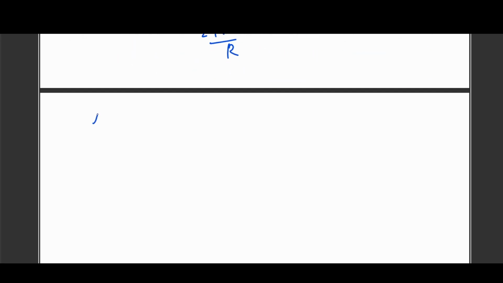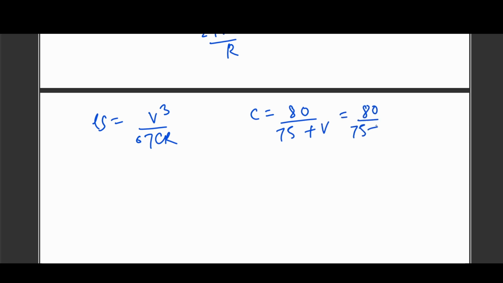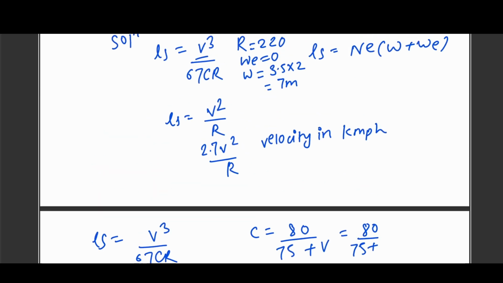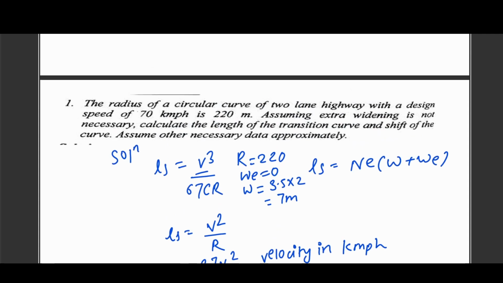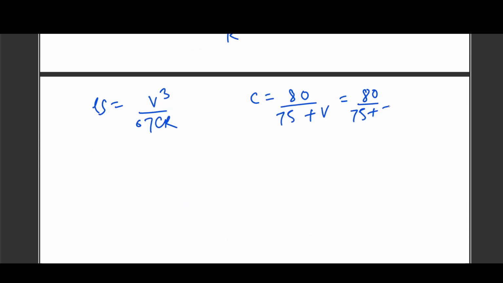So at first, what will be Ls? Ls would be V cube by 47 CR. For it, C needs to be calculated. C is given by the empirical relation 80 by 75 plus V. So 80 by 75 plus what is V? V is given as 70.